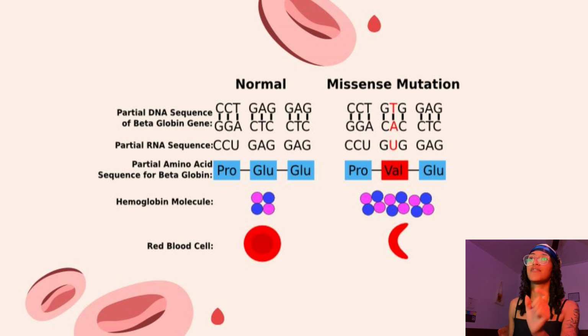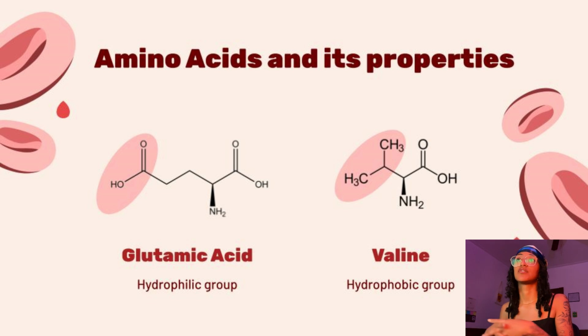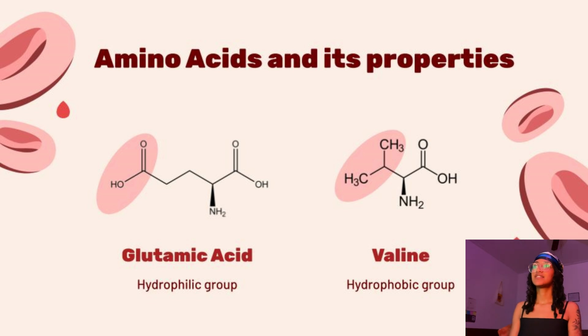Here we have an adenine being substituted by a thymine. And if we look at these 2 amino acids, we can see that valine has a hydrophobic group, instead of a hydrophilic group as glutamic acid has. And this changes everything, right?